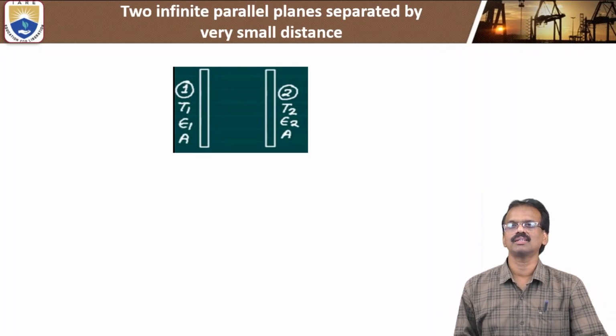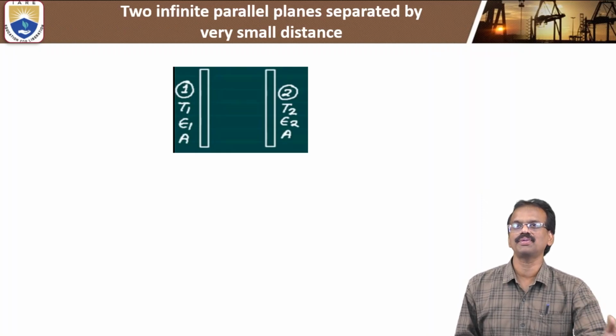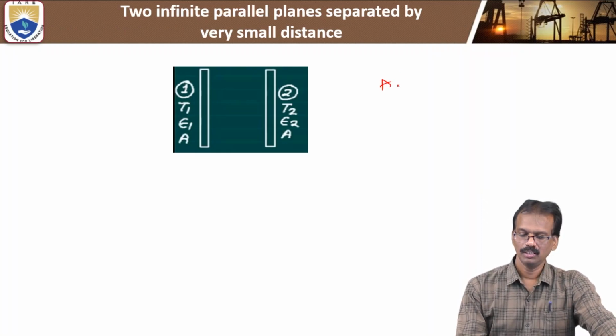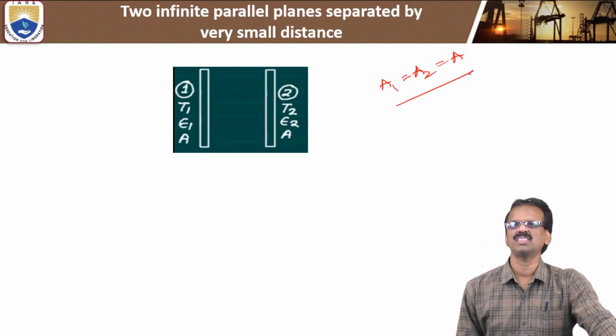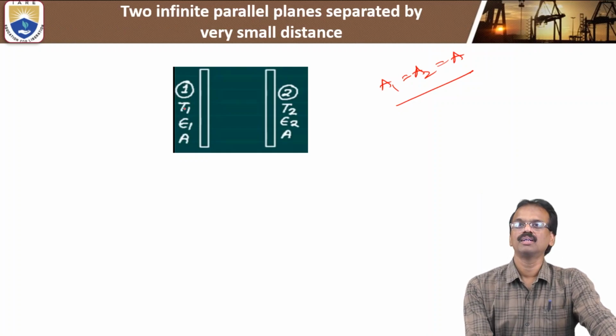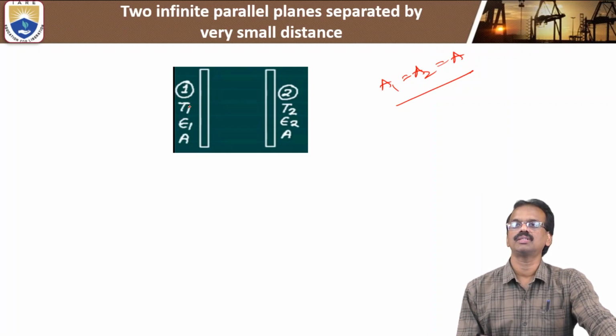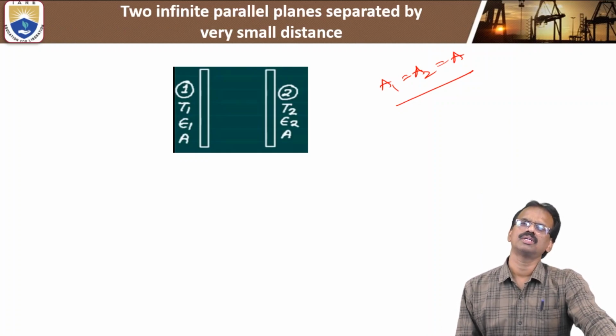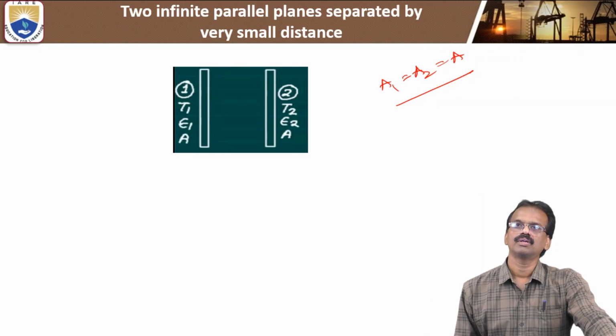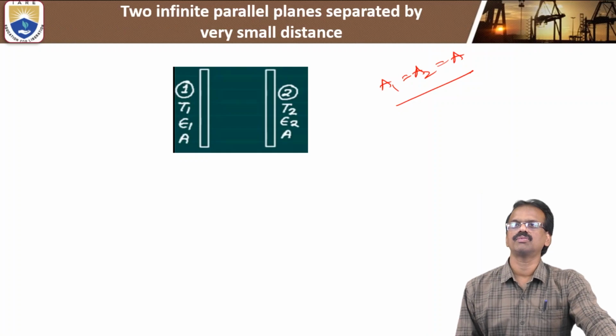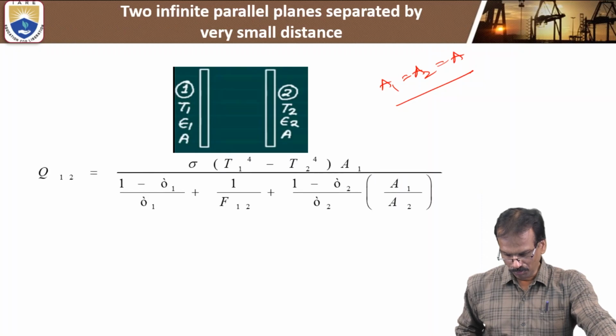Infinite means we consider the areas of both surfaces to be equal, so area A1 is equal to A2 is equal to A. In this condition, the temperature of the first surface is T1 and the temperature of the second surface is T2, the areas are both the same, and the emissivity of the first surface is epsilon 1 and of the second surface is epsilon 2. This one also we derived.